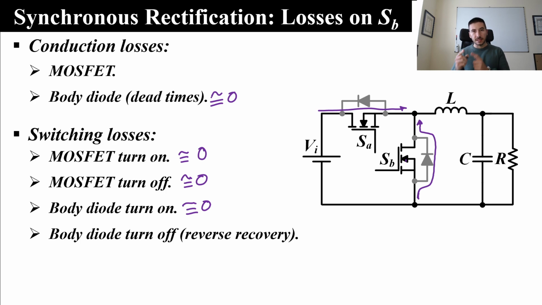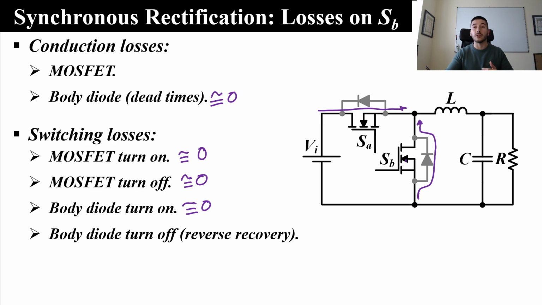In this case the situation is different. It's the conventional situation that we have studied in previous videos. So in this case we have to consider the reverse recovery, and the conclusion is the same as in the previous explanations. The reverse recovery is a process that mainly affects the opposite MOSFET.